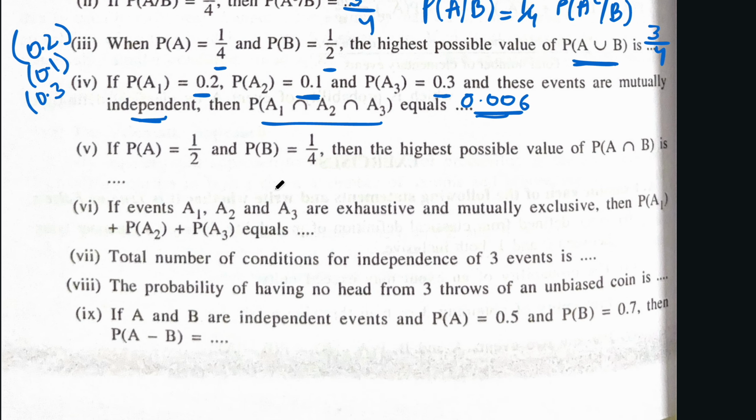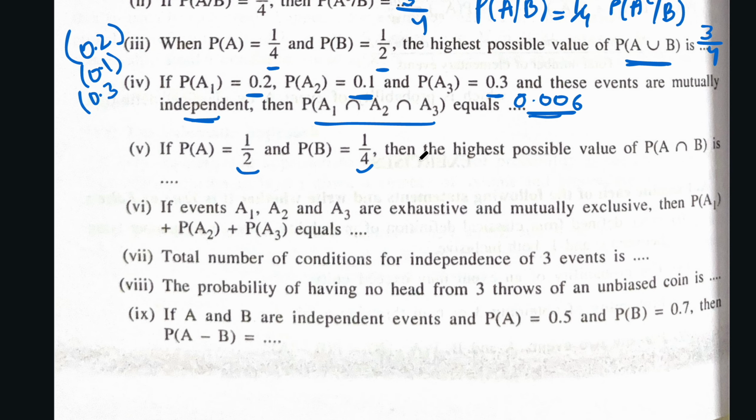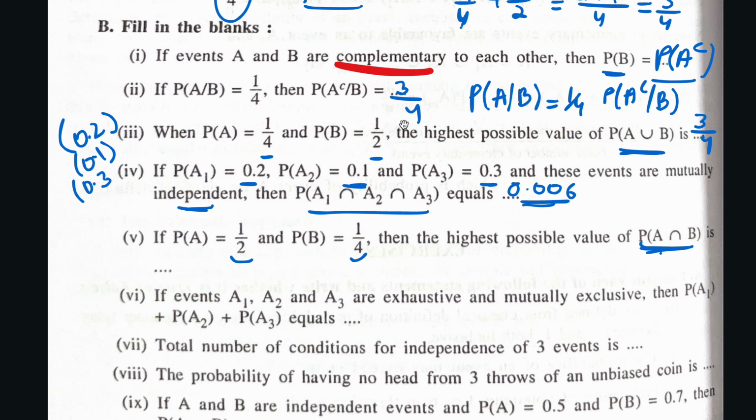Okay. If probability of A is equal to half, probability of B is equal to 1 by 4, then the highest possible value of probability of A intersection B is, okay, we just did this, right? 1 by 2 plus 3 by 4.